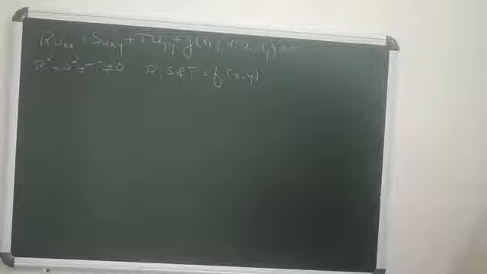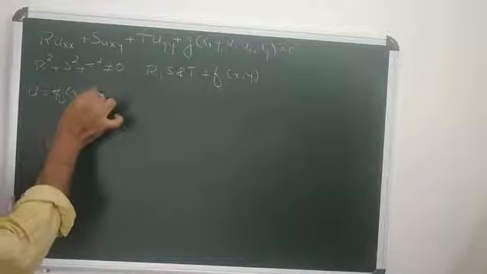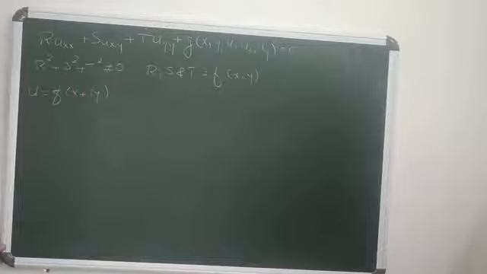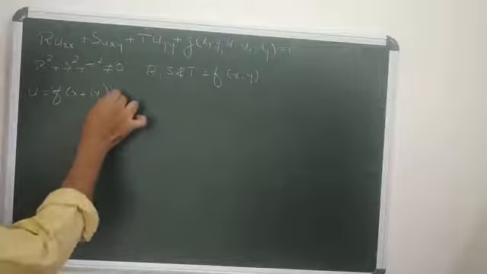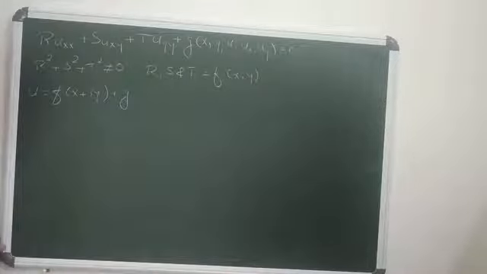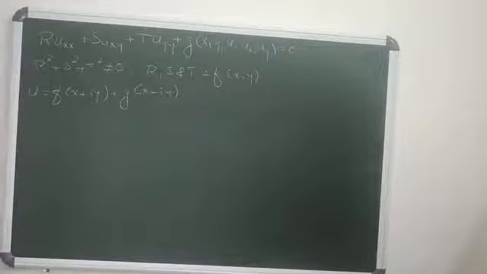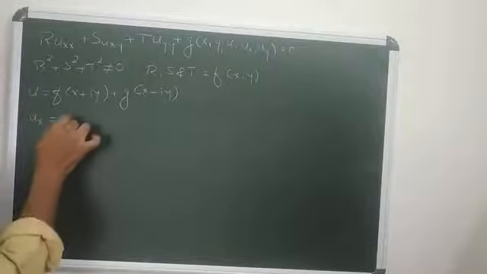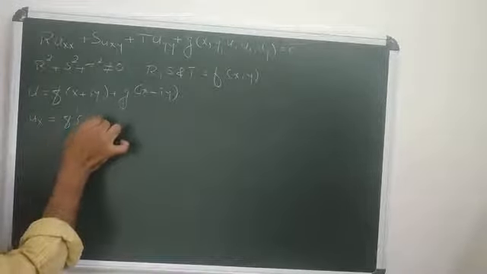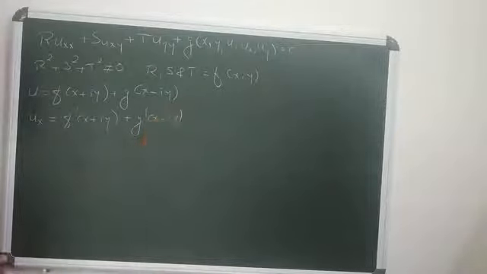Okay, so consider u equals f(x + iy), or f(x + iy) plus g(x - iy), where f and g are arbitrary functions. Then what about u_x? Here u_x is f'(x + iy) plus g'(x - iy).